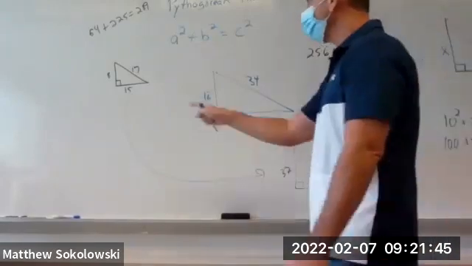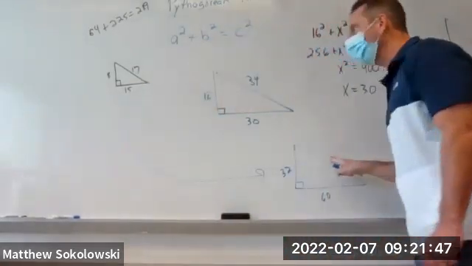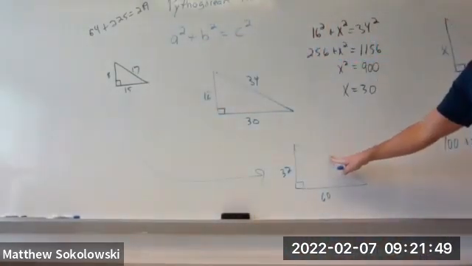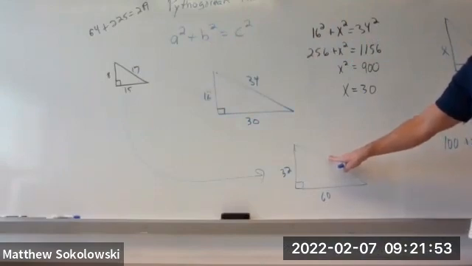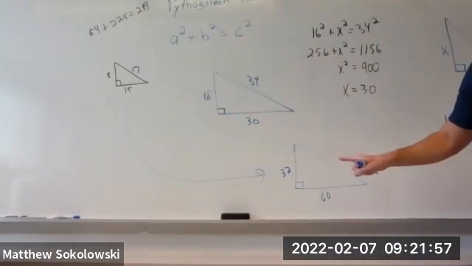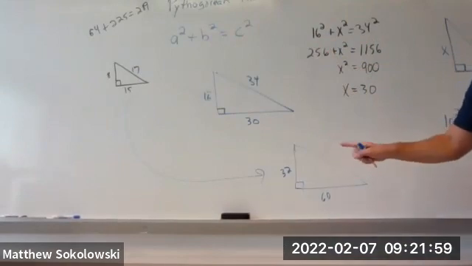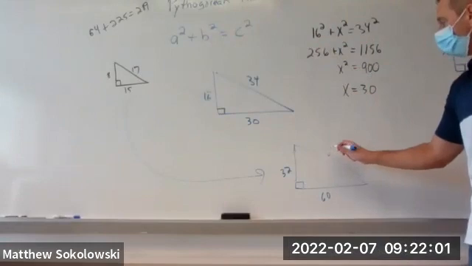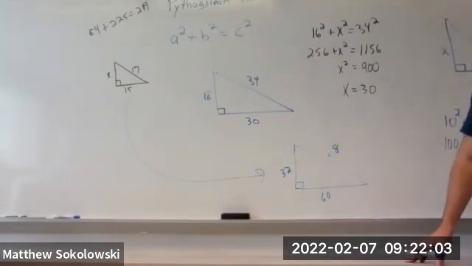Well, how are we going to get from 17 to the new hypotenuse? Holding up the 4s again. That's the scale factor, 1 to 4. So multiply 17 by 4. What do you get? 68. Boom.